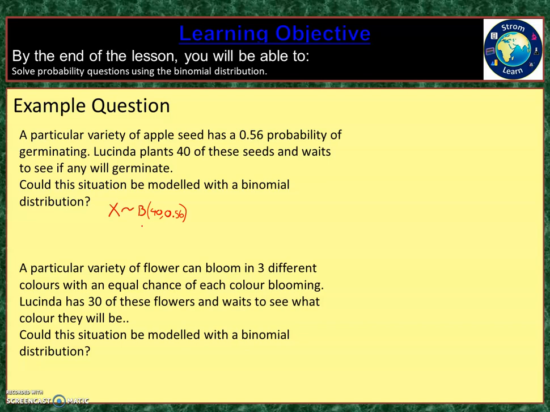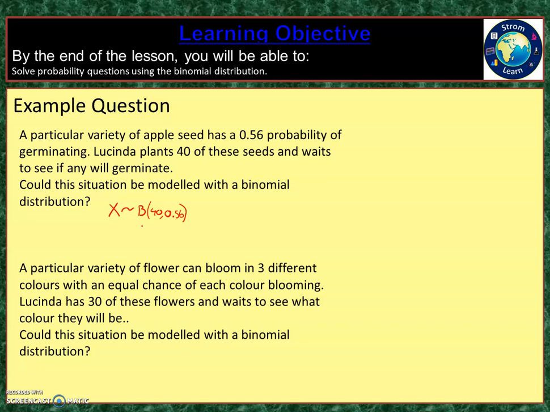So let's look at the second scenario then. A particular variety of flower can bloom in 3 different colours with an equal chance of each colour blooming. Lucinda has 30 of these flowers and waits to see what colour they will be. Could this situation be modelled with a binomial distribution? So let's think about what we've got. Well, it tells us there's an equal chance of each colour blooming, so that means we have a fixed probability.